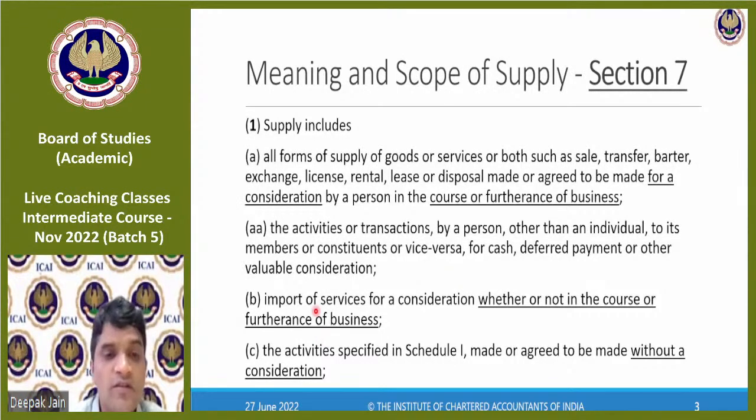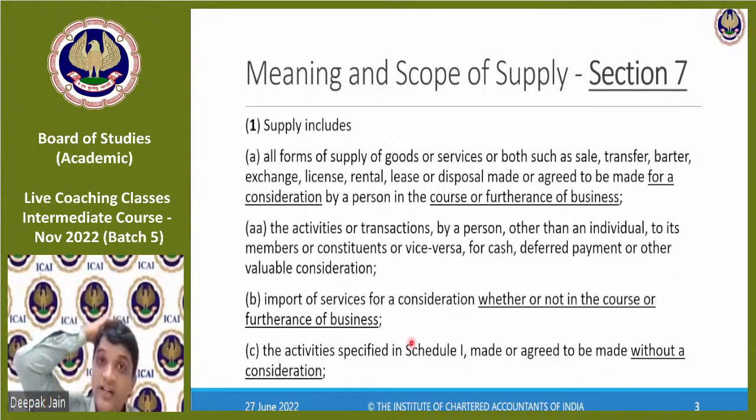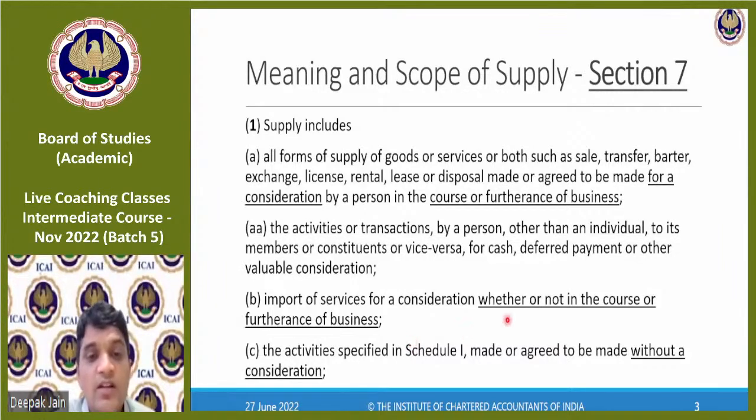Then import of services for a consideration, whether or not in the course or furtherance of business. In the first part, two legs were important: it should be for a consideration and it should be in the course or furtherance of business. But in this 7(1)(b), it says if the activity is for a consideration, whether or not in the course of business, even if it is not in the course of business, it is a supply. What is that activity?